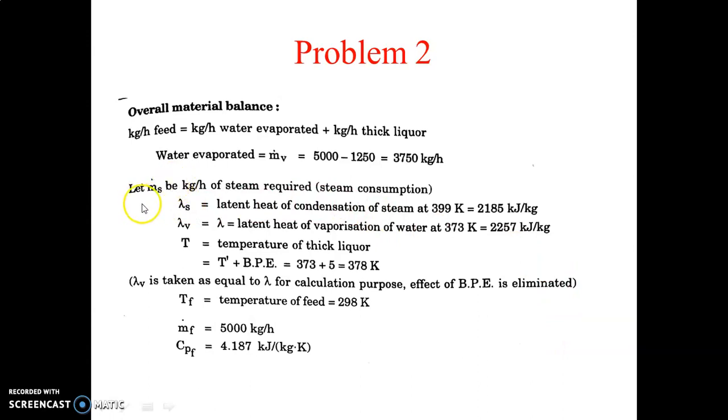Then we have to calculate m dot s, that means kg per hour of steam required. For that purpose we require the latent heat of condensation, lambda s, then lambda v, or lambda, which is equal to 2257 kilojoules per kg. Then you have to calculate the boiling temperature of the thick liquor. So you have to add the boiling point elevation, which is given here.